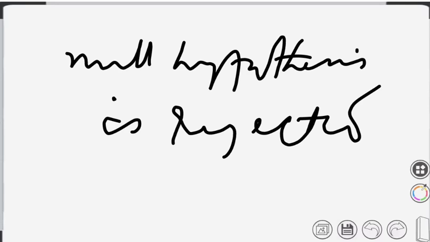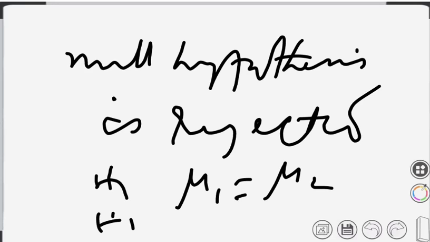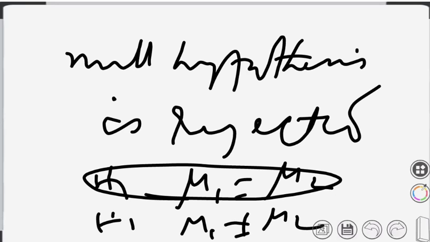So that is what we will be saying. So our null hypothesis was mu1 equals to mu2, and alternate was mu1 not equals to mu2. So null hypothesis was rejected, our alternate hypothesis was accepted. So that means that there is significant difference between the two yarns of the strengths.